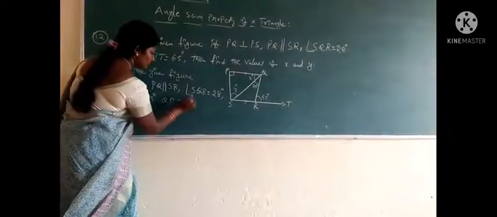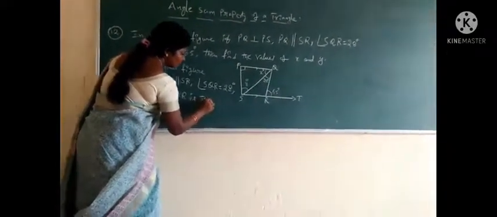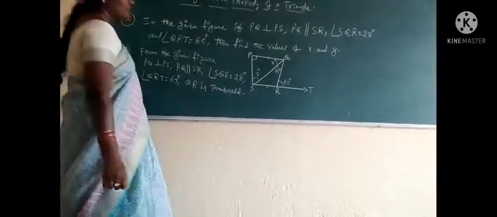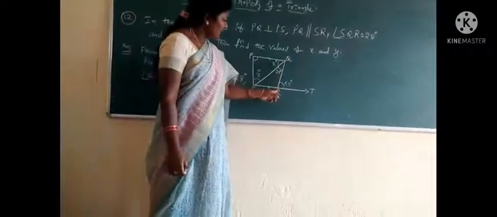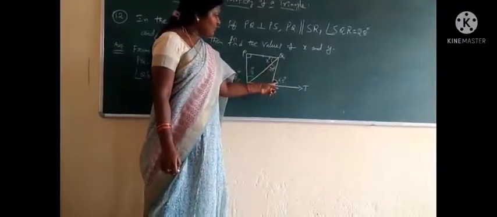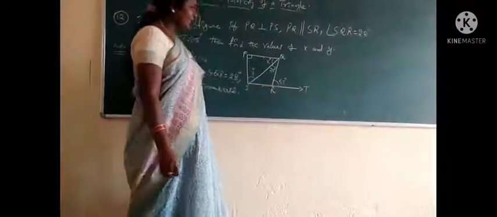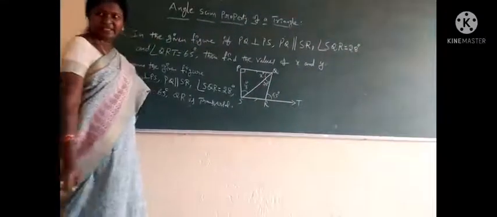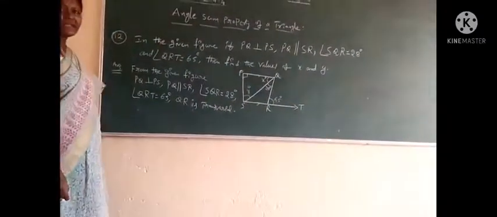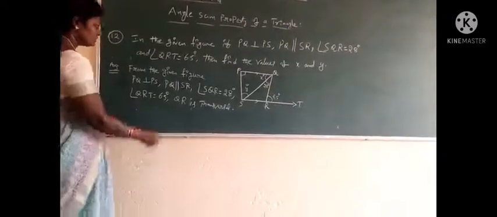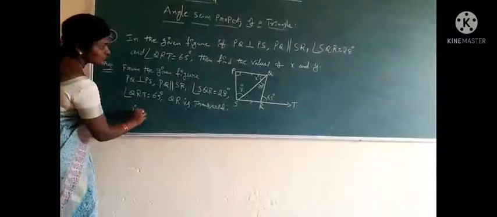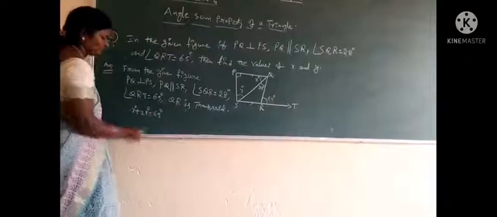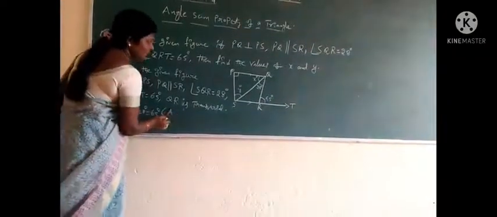So observe these two angles. These two angles are alternate interior angles. Alternate interior angles are equal. So X degrees plus 28 degrees is equal to 65 degrees.